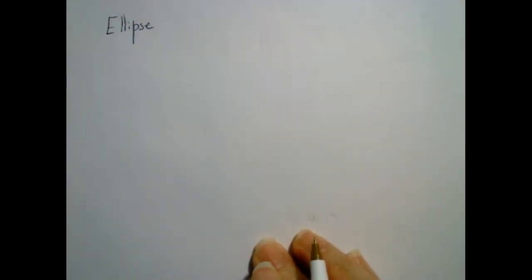Right now, as I say, ellipse in disguise. I'm going to give you an equation that doesn't look like an ellipse, like we did with the circle, but we're going to make it into an ellipse by completing the square.